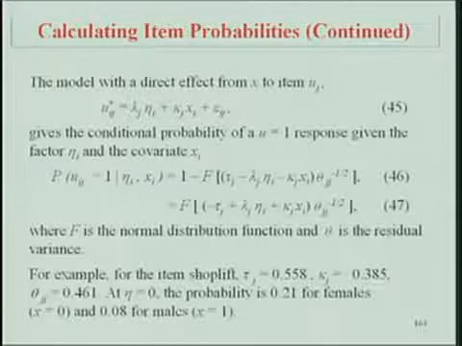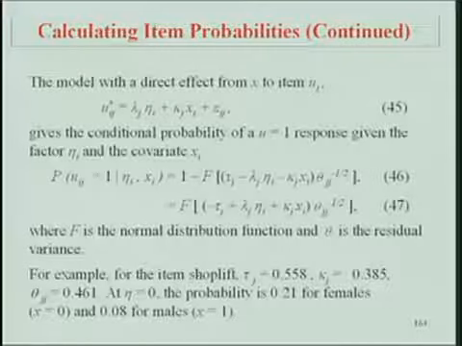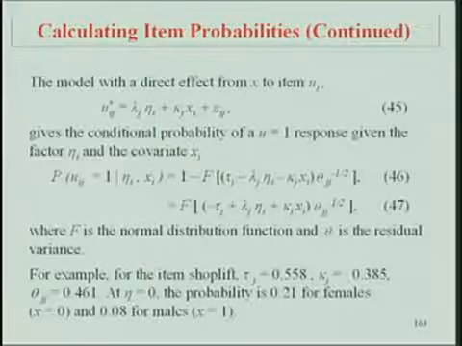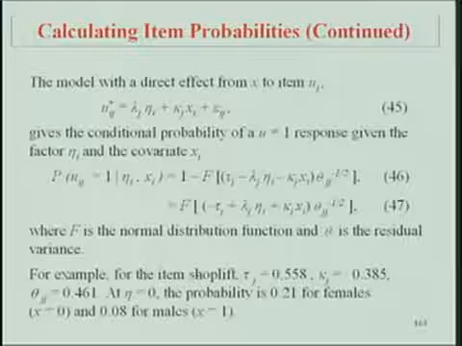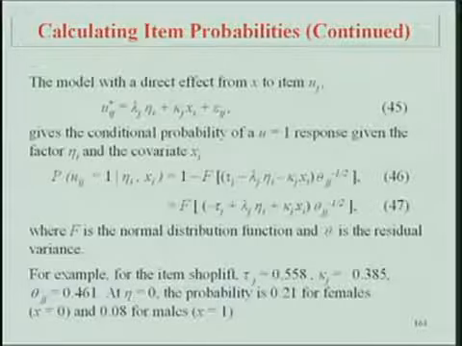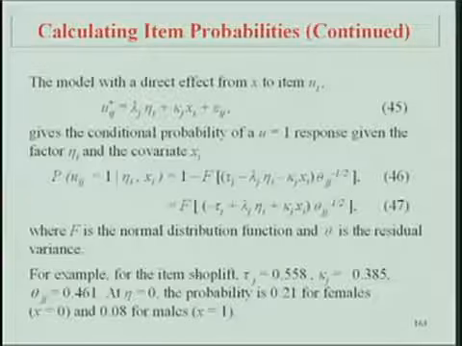And an example is given at the end of slide 163. For the shoplift item, the threshold is 0.558, kappa is minus 0.385. That was the direct effect that we saw before, shoplift on sex. And if you ask for a standardized solution, you get this theta residual variance printed.